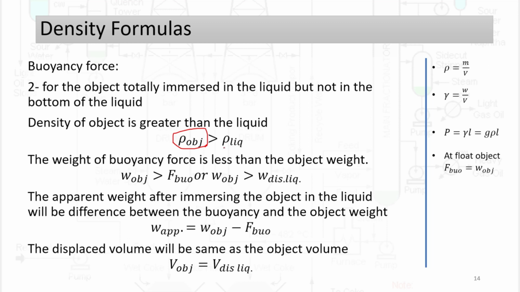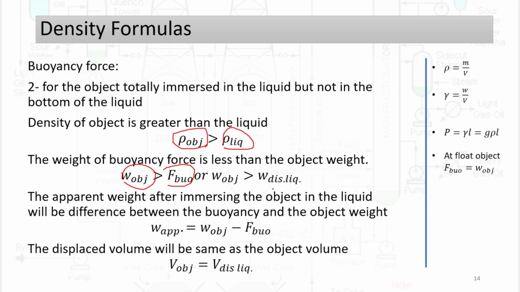That's why the liquid cannot push it up to the surface. And of course the weight of the object will be greater than the buoyant force, or you can say the weight of the object is greater than the displaced liquid.